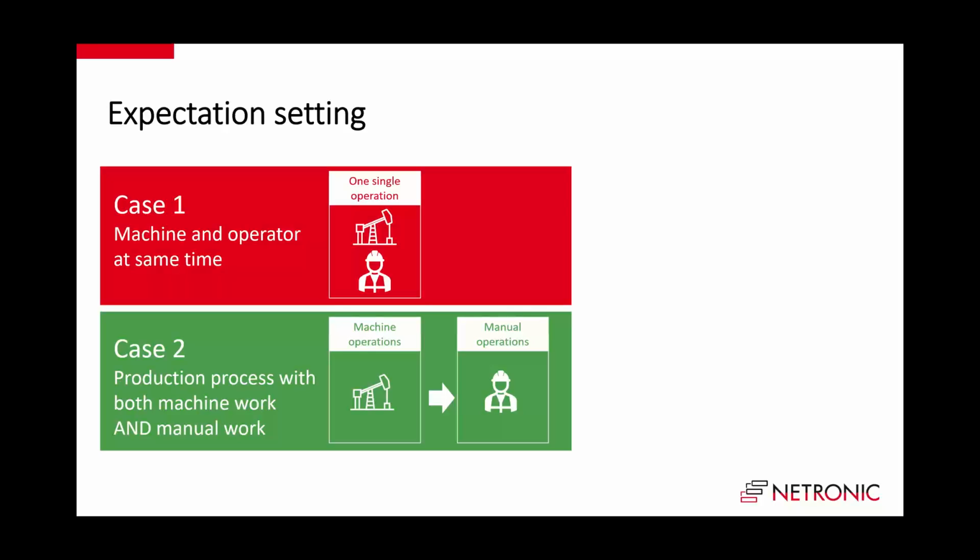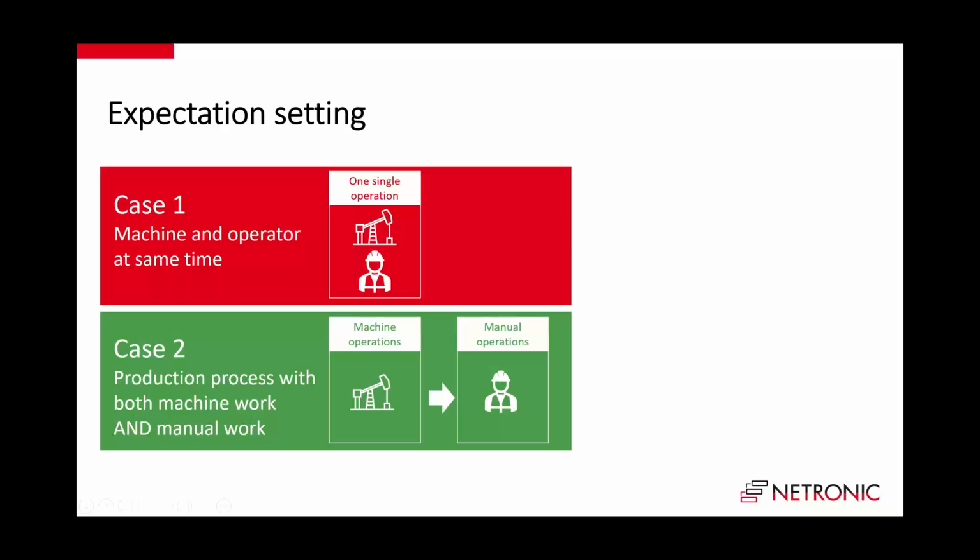So we have those cases, and they are very different, and they both have to do with scheduling machines and labor, scheduling machines and people. In the one case, we need to make sure that we have both types of resources available at the same time, and in the other, we need to make sure we schedule the machine first, and then we schedule the people. And typically we want to schedule the machines differently than we schedule the people.